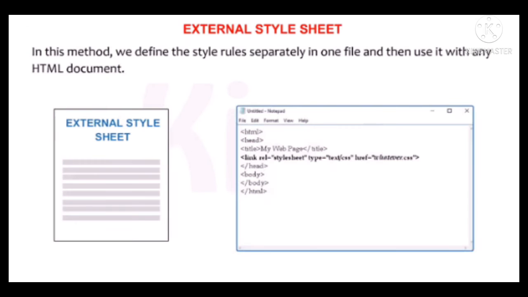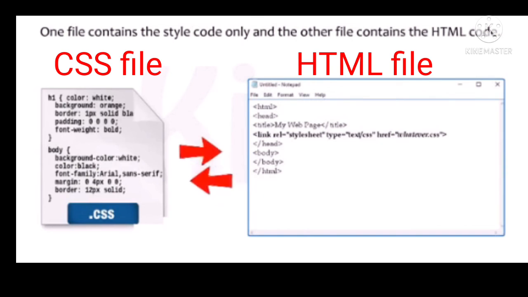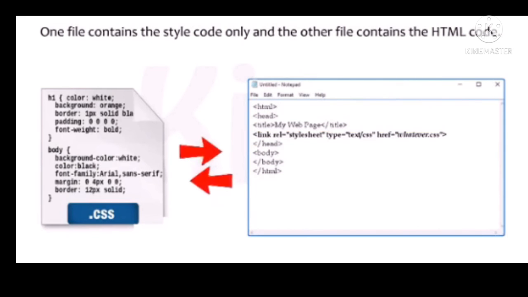And the last one is external style sheets. In this method, we specify different styles in a separate file with the extension .css. So while using this method, we will have two files, one HTML file and one CSS file. While writing the HTML file, we will give a link to that CSS file to apply all the styles which we write in the CSS file.